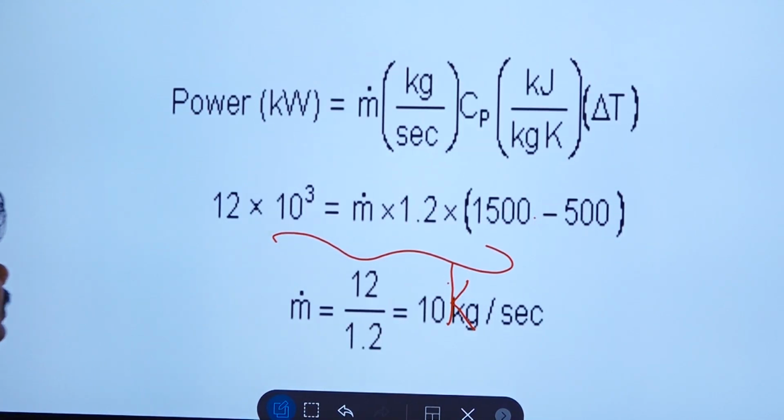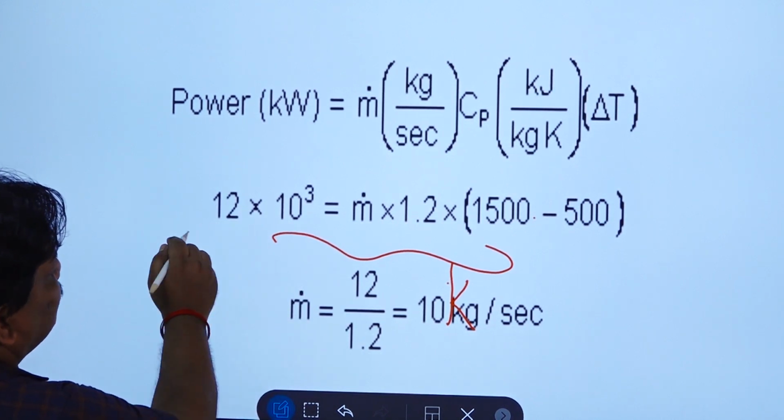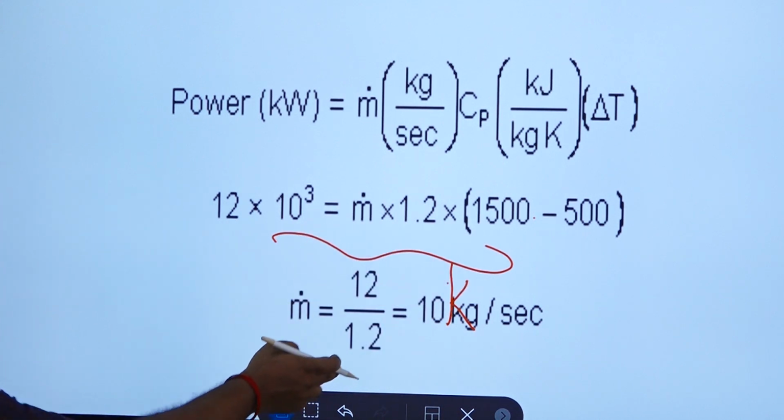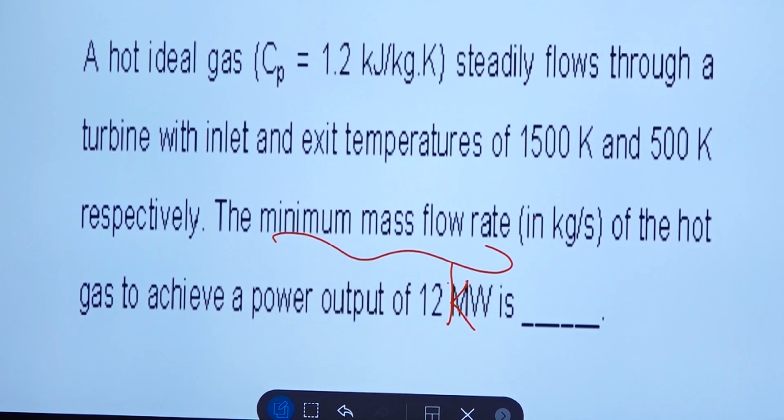A simple formula. So m dot is 12,000 divided by 1.2 into 1000, which is 10 kilogram per second. This is the answer for this question.